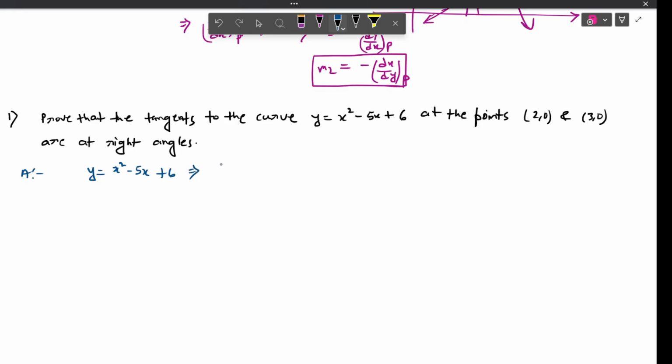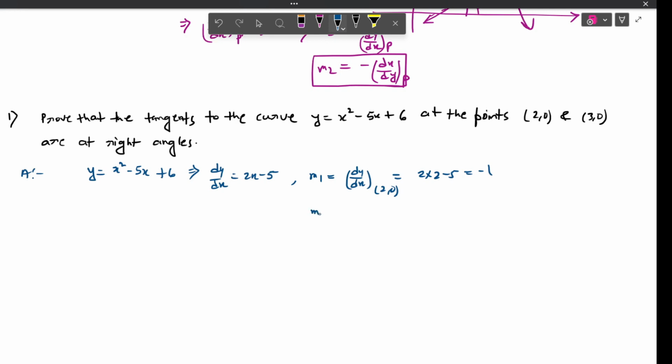So differentiating both sides with respect to x, we get dy by dx equals 2x minus 5. So what should be the slope at point (2, 0)? Let us say m1 is the slope at point (2, 0). So it is dy by dx at (2, 0), which is 2 into 2 minus 5, that is minus 1.